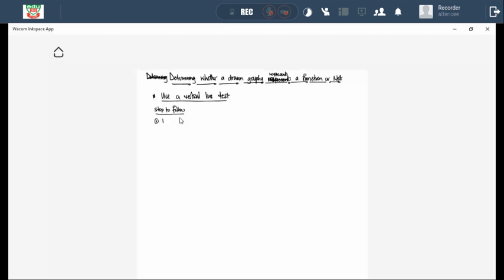Step number one, draw or insert a vertical line which cuts the graph anywhere.